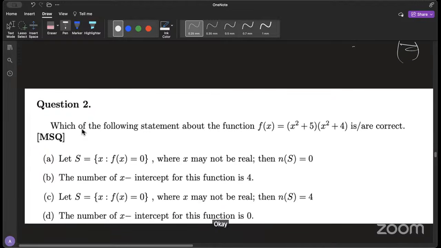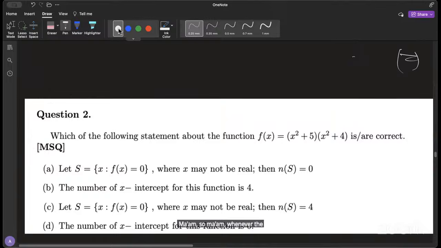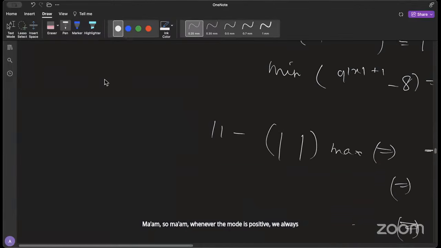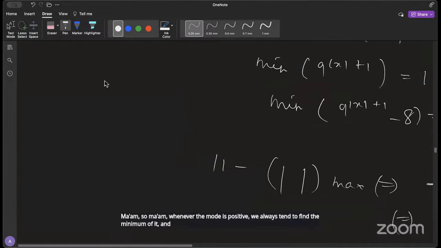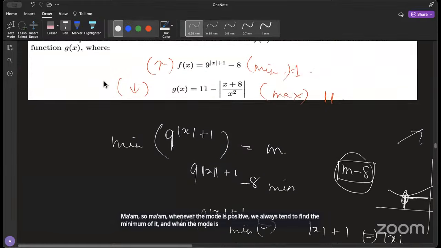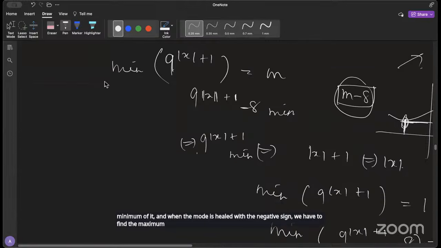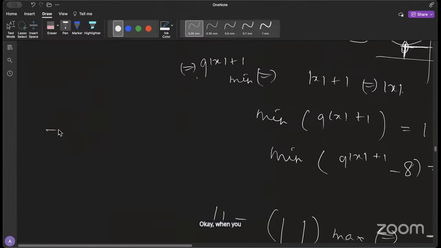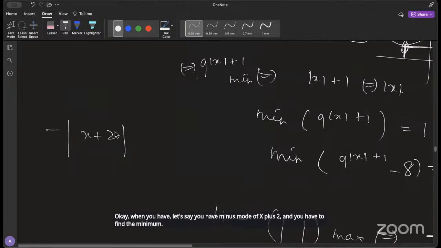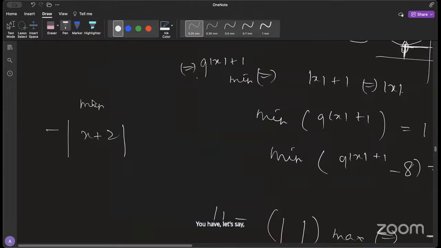Ma'am, whenever the mod is positive, we always tend to find the minimum of it, and when the mod comes with the negative sign, we have to find the maximum value, right? Let's say you have minus mod of x plus 2, plus 8, and you have to find the minimum value of this.